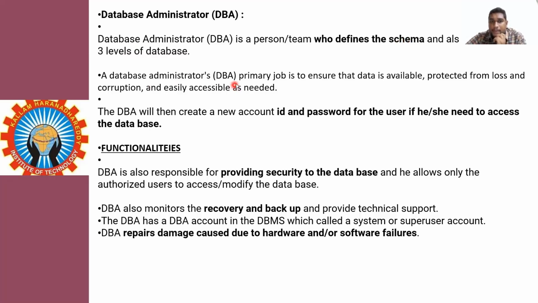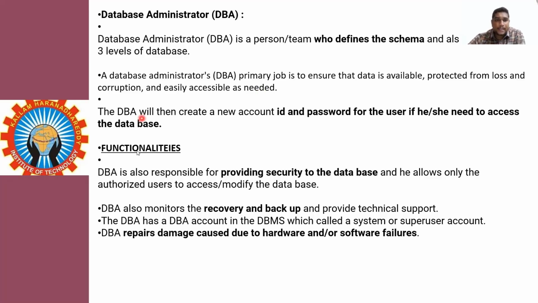A DBA's primary job is to ensure that data is available, protected from loss and corruption, and easily accessible as needed without any disturbances. Accessing means independence. By maintaining independence, he can retrieve data from the database for the users.